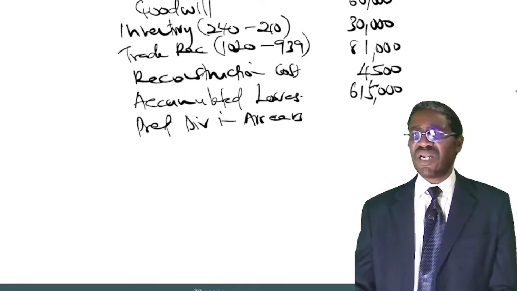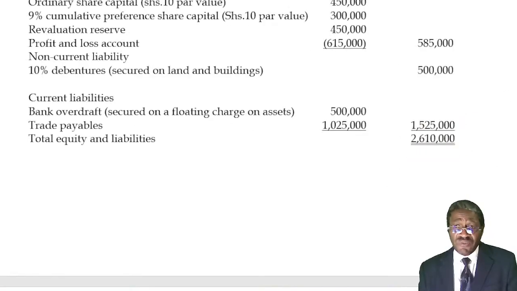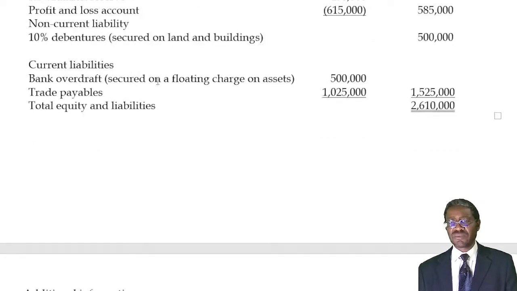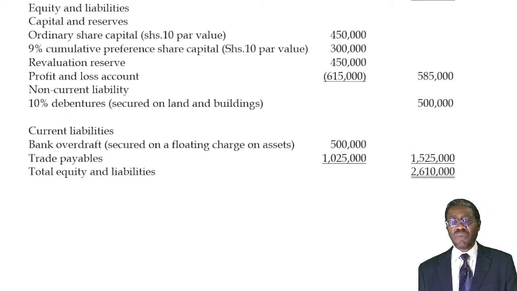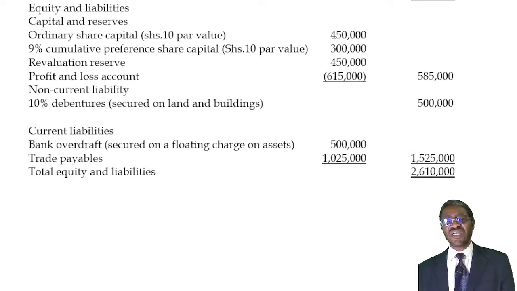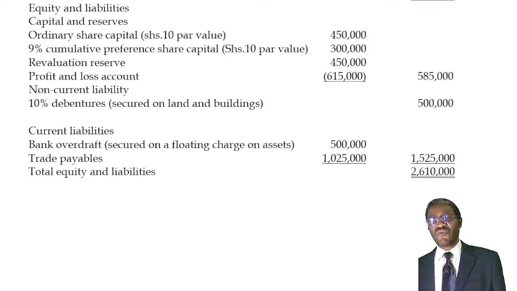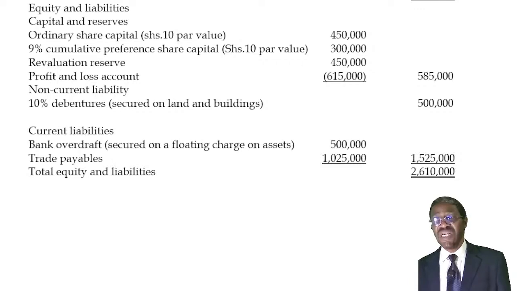So we go back to the balance sheet and check what was the rate of dividend. If you look at the balance sheet up there, our preference share capital had a rate of 9% per annum, and the capital value is 300,000, which of course, I've told you our balance sheets are in thousands. That's about 300 million.